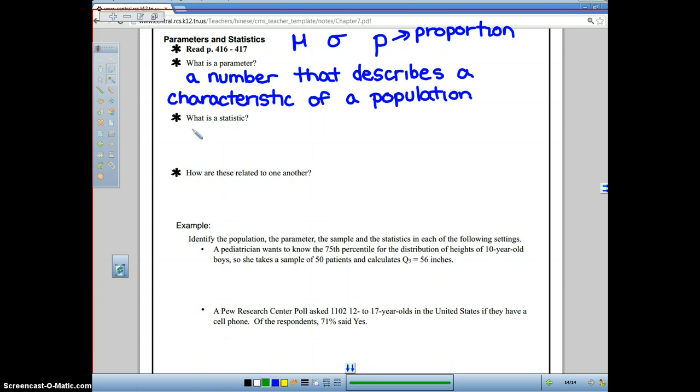Okay, a statistic is very similar, but instead of describing the characteristic of a population, a statistic describes a characteristic of a sample.